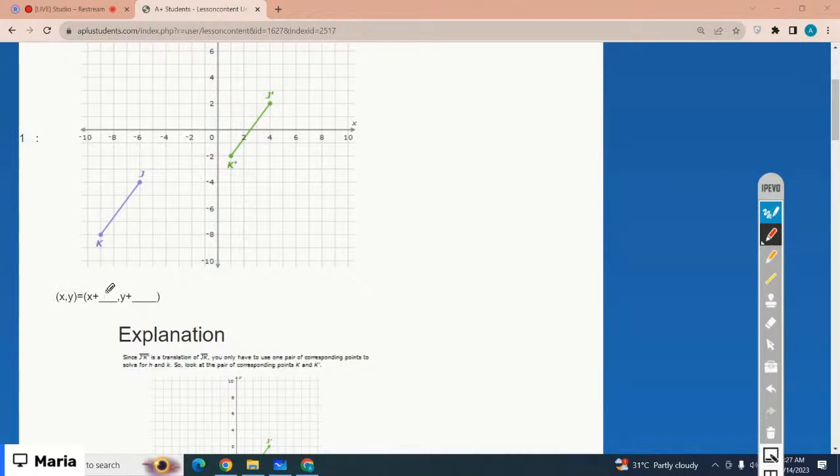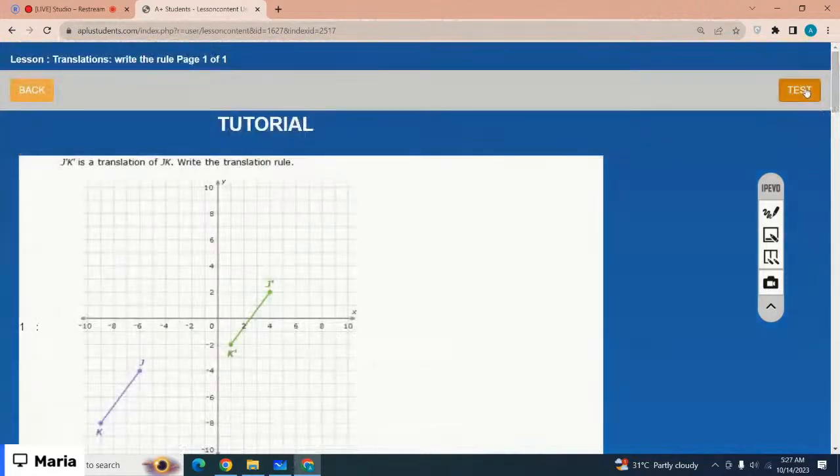So it would be positive. And how many up from J to J dash? One, two, three, four, five, six. You move six up, 10 right, and six up, right? So the rule is x plus 10 and y plus 6. Got it? That is the rule. That's what we did in the last lesson, right?